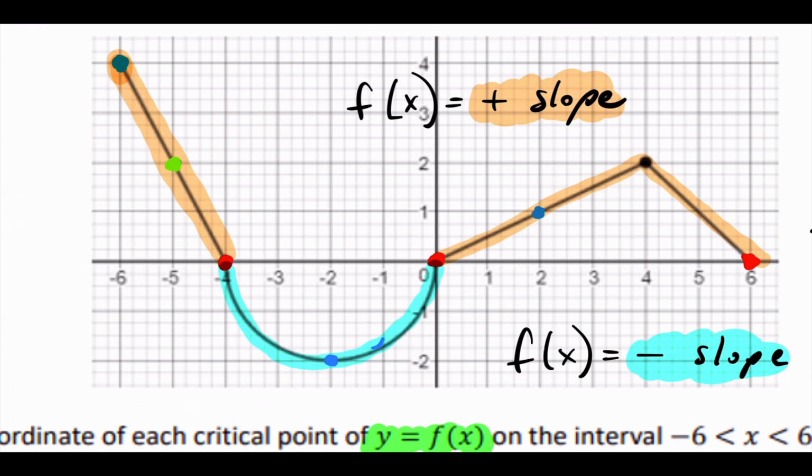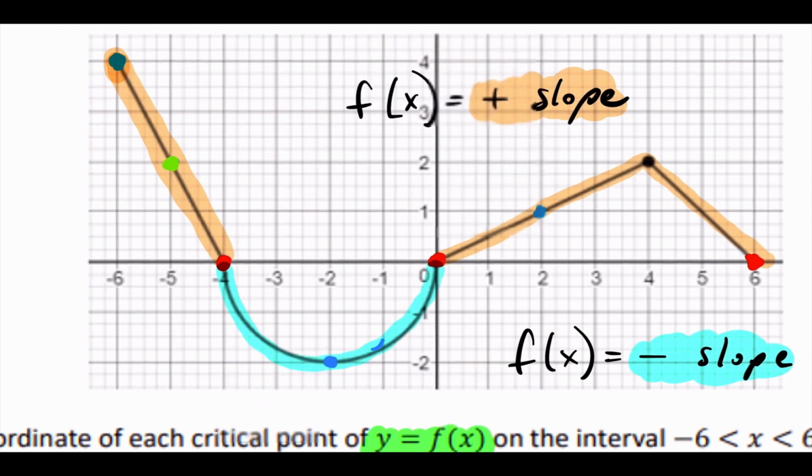There's 2 spots that F double prime will equal 0. Let me do this again.